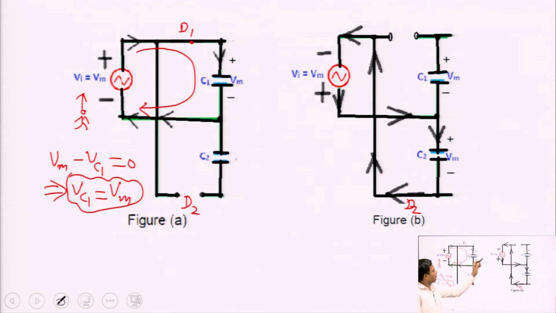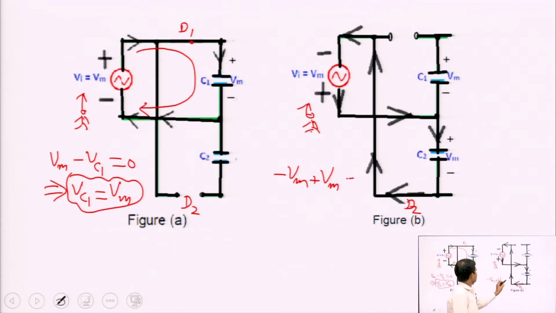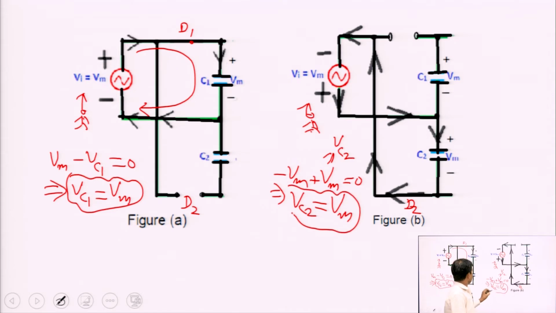Now, if we apply the KVL, suppose we are writing the KVL equation from here, then minus to plus, this means minus Vm, and now plus Vm, this is equal to 0, plus Vc2. This is basically Vc2. What will we get here? Vc2 is equal to Vm. Now, again the capacitor C2 gets charged to voltage Vm.